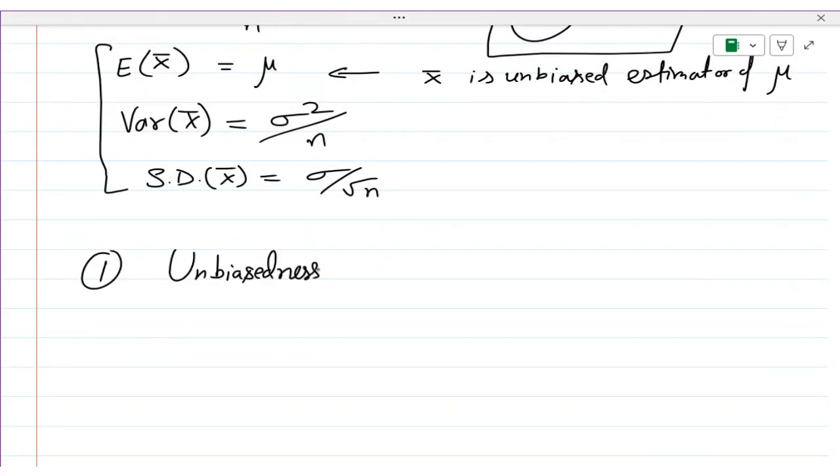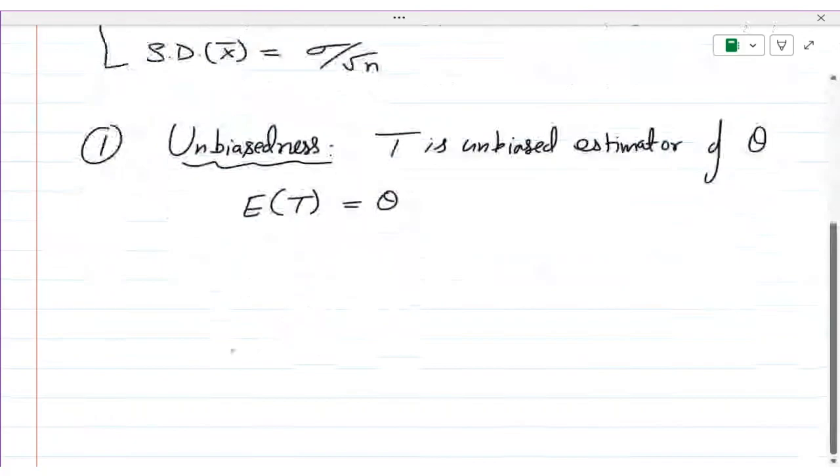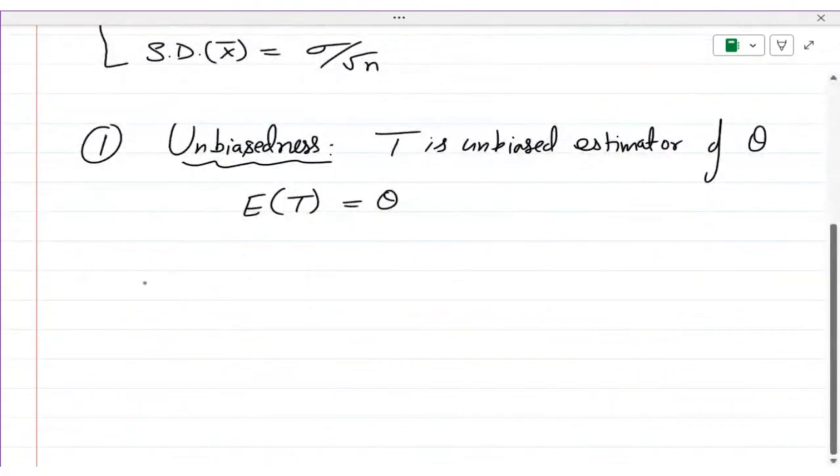When we say an estimator is unbiased, the simple rule was this: we say T is an unbiased estimator of some population parameter theta if the expected value of T is equal to theta. And we have seen some examples, and in the end we observed that the sample variance, small s square, is not unbiased.